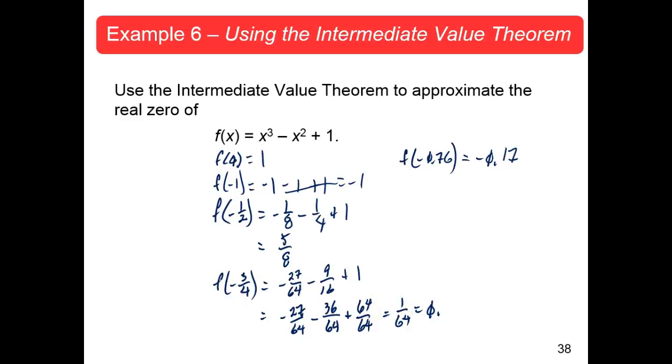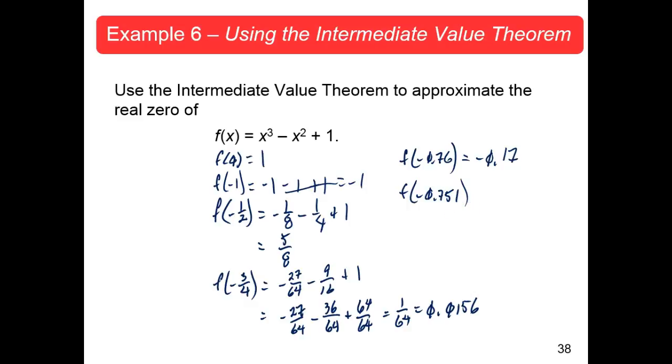Say again. 0.156. So that's actually closer to 0 than the 0.76. So I would then maybe do negative 0.751 and see what you can keep playing with it and see.